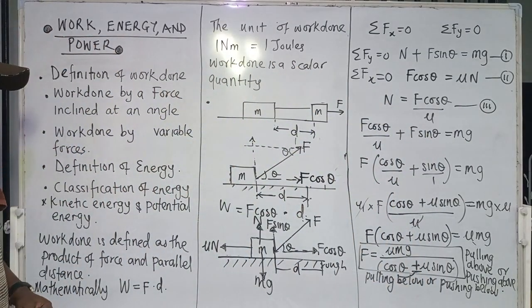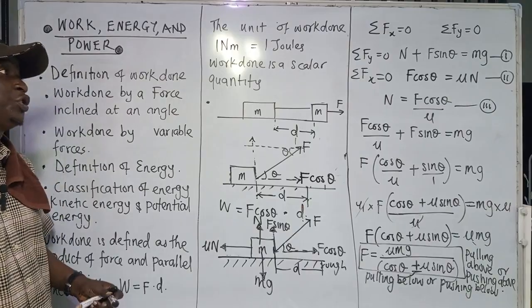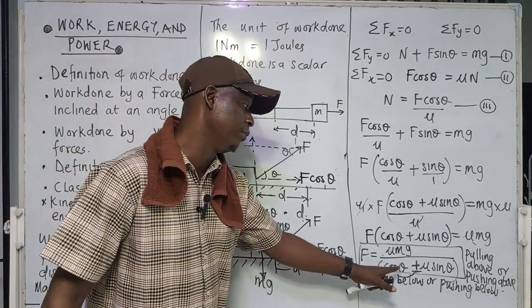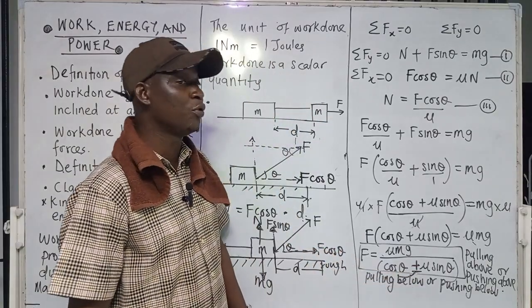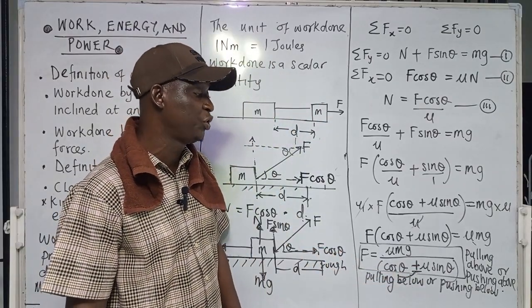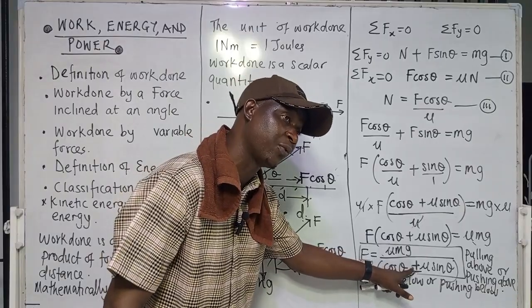So if you want to calculate pulling below or pushing below, you use the minus sign. But when you are using pulling above or pushing above, use the plus sign for this formula.